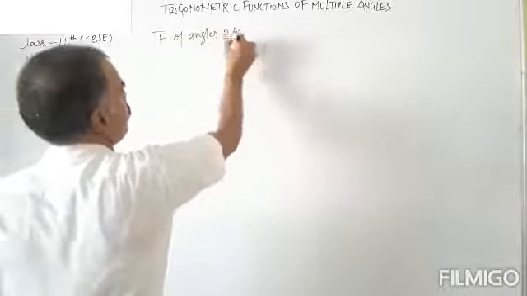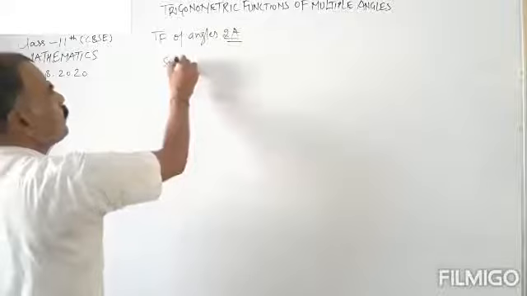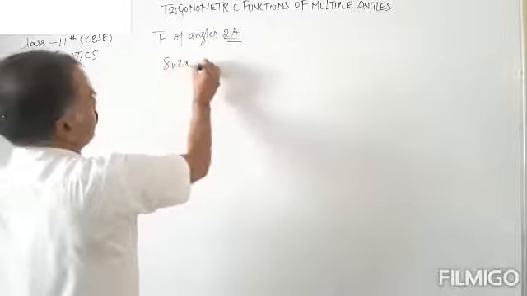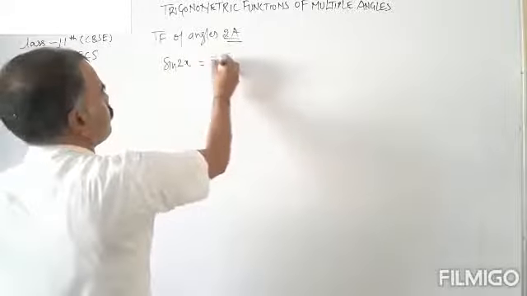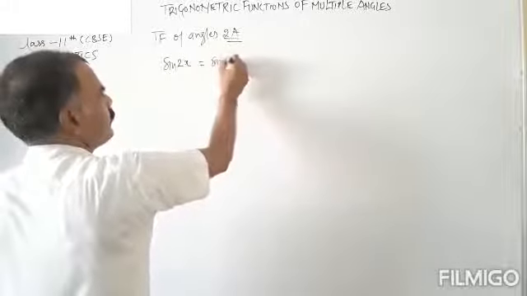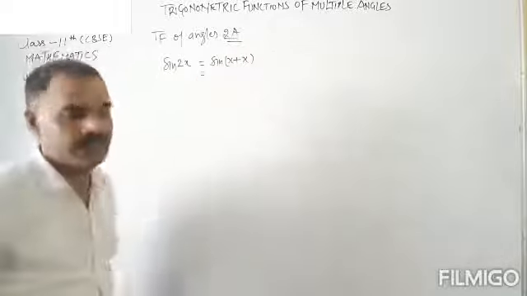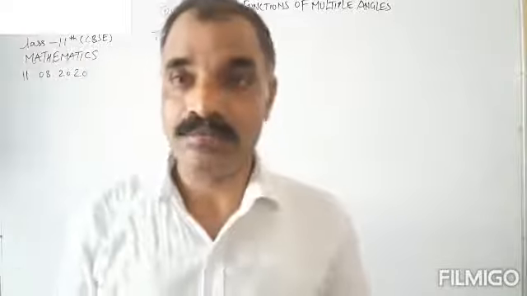Sine of 2a, that is sine of 2x. So sine of 2x can be written down as sine of x plus x.